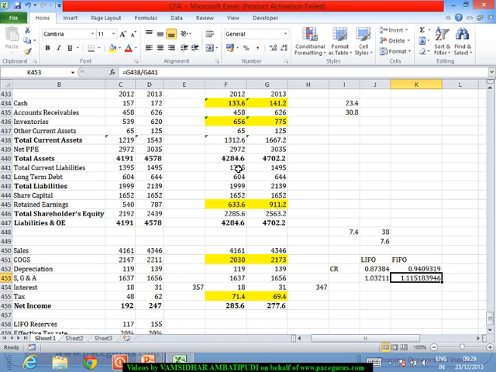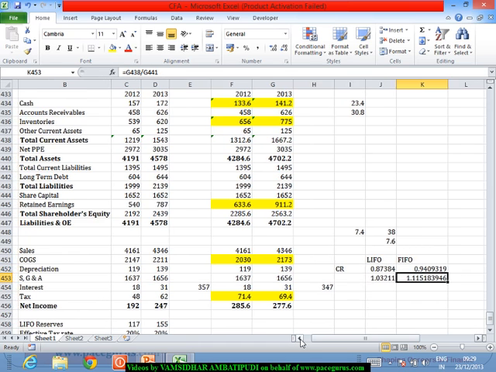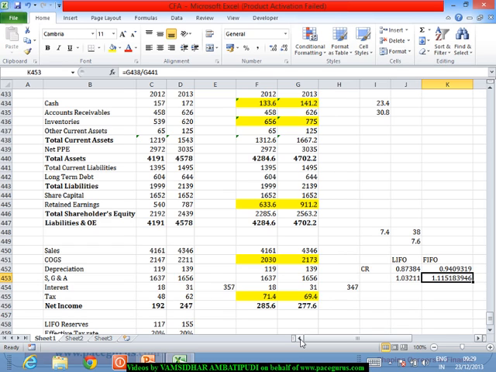So what it is showing is that from LIFO to FIFO, the current ratio will typically be higher. In case of FIFO, you will find the current ratio to be higher compared to that of LIFO. The reason being current assets will go up, and if the current assets are up, the current ratio is going to increase accordingly.